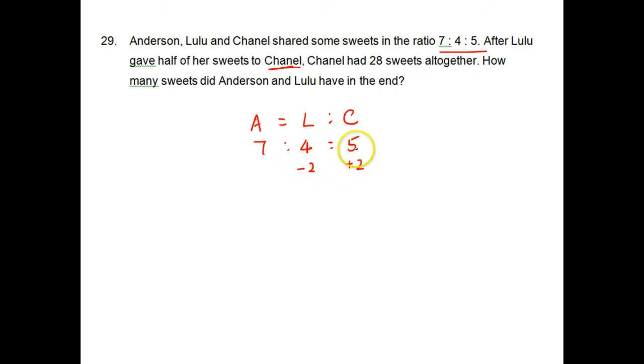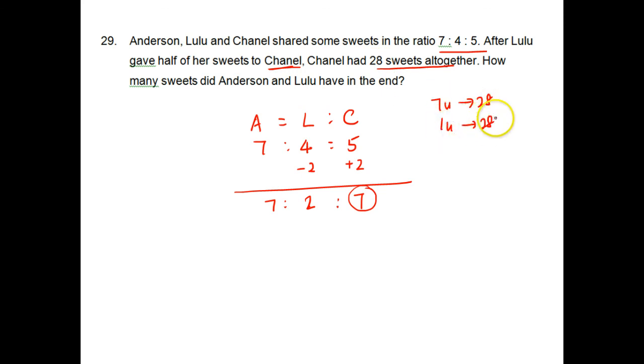Chanel will have added 2 units. Now Chanel had 28 sweets all together. So this is 7 units. This is 2 units. This is 7 units. So we know that Chanel has 28 sweets. So 7 units is your 28 sweets. 1 unit will be 28 divided by 7, which is 4 sweets.